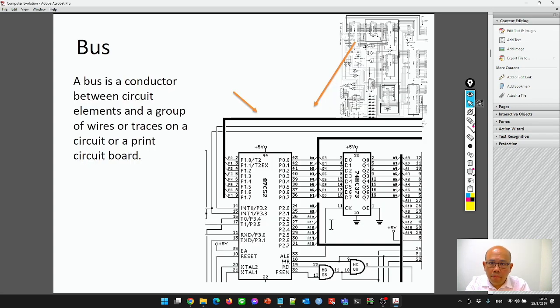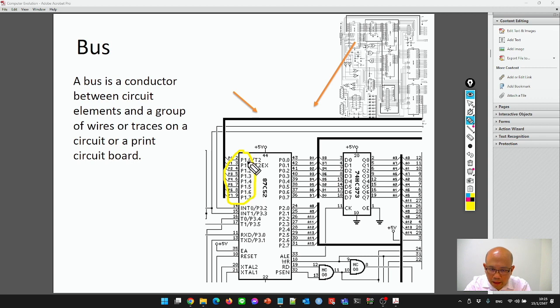Okay, before we know the memory structure, in the circuit diagram in a computer system, they display the circuit cable lines in the bus. What is the bus? The bus is a group of cables. In this example, I have a lot of pins here.